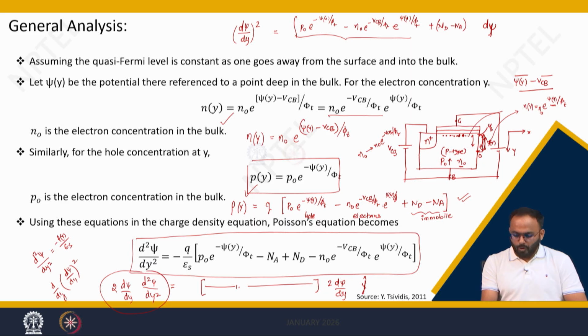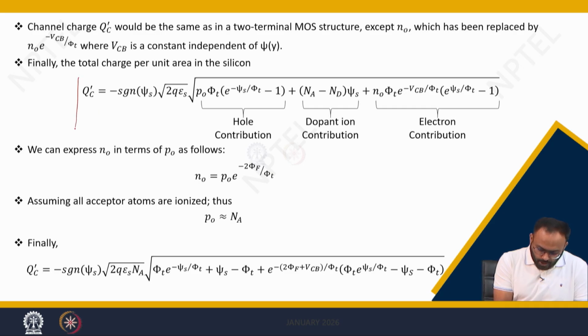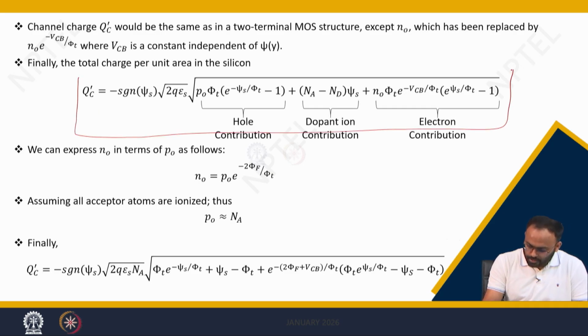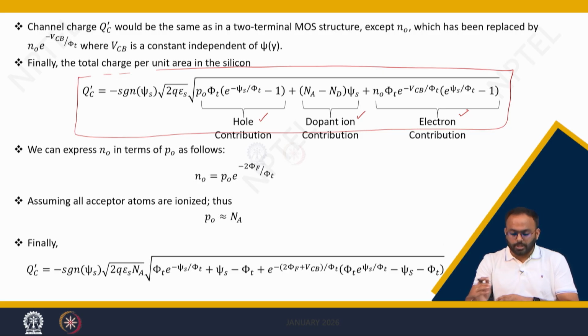So, we did all this analysis to find a closed form equation of channel charge. If you do this integration, then the total equation of channel charge can be given by this, which simply says that the total channel charge has a contribution of holes, dopants and electrons. Then we use this equation separately to find the individual impact in accumulation, depletion, weak inversion, strong inversion, and so forth.